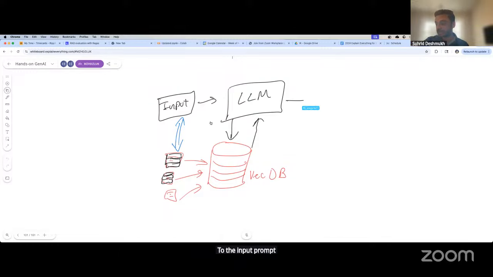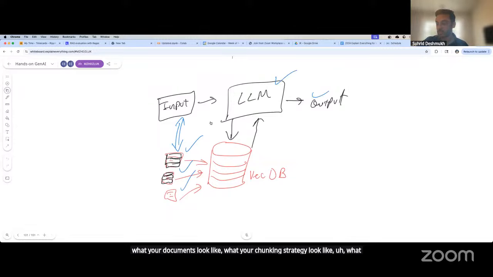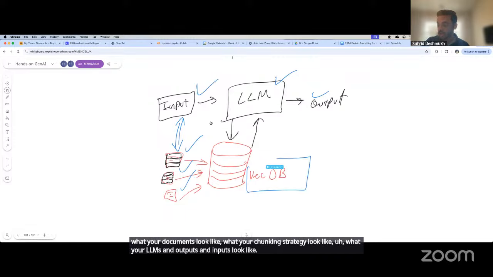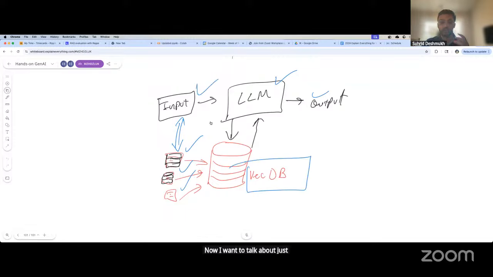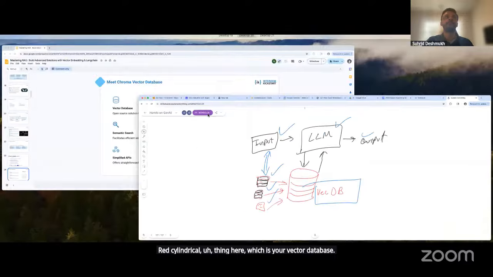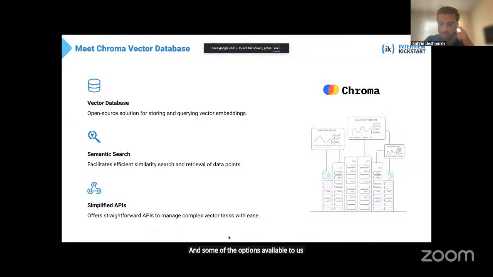And now this produces an output. So we saw at a very high level what your documents look like, what your chunking strategy looks like, what your LLMs and outputs and inputs look like. Now I want to talk about just this red cylindrical thing here, which is your vector database, and some of the options available to us for vector DB.